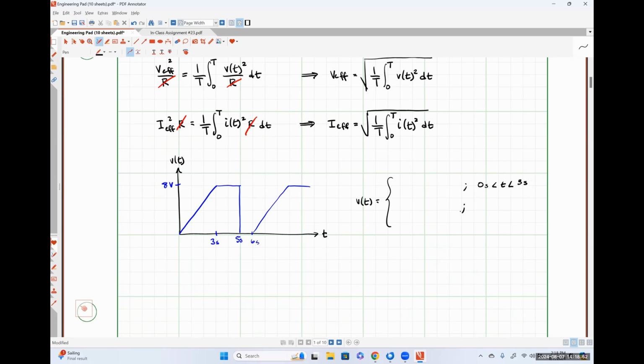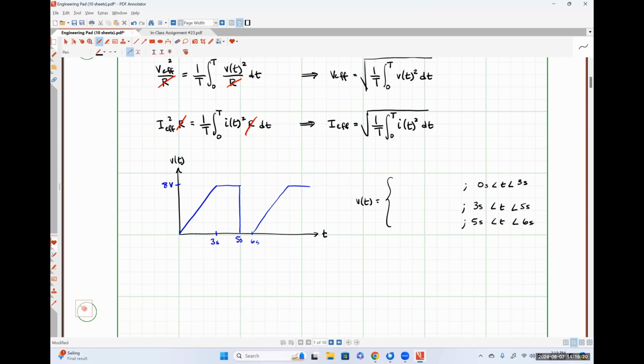It's going to have some other value over the interval from 3 seconds is less than t is less than 5 seconds. And it's going to have some third value over the interval from 5 seconds is less than t is less than 6 seconds before this repeats. So I'm just trying to describe exactly what's happening over one period.